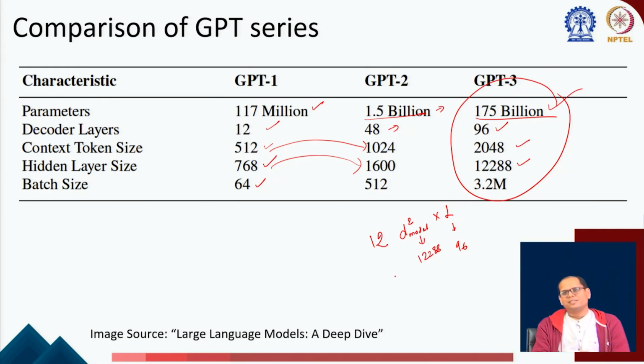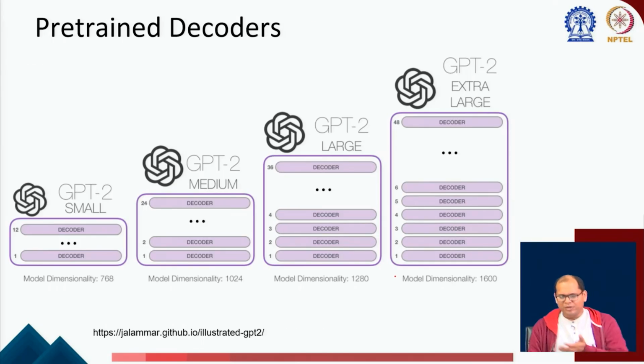You can do the maths and this will give you very close to 175 billion parameters. We'll briefly talk about this GPT series. For GPT-2, the largest model was extra large, which had 48 decoder layers and 1600 as the model dimensionality. But they had other versions. GPT-2 small had just 12 decoder layers.